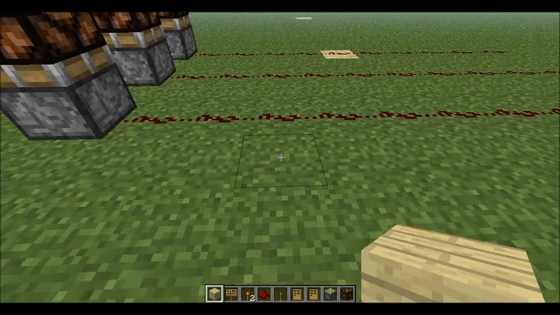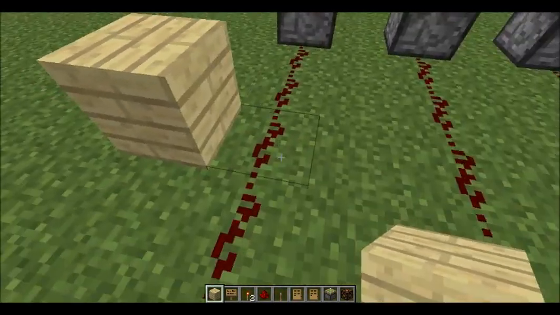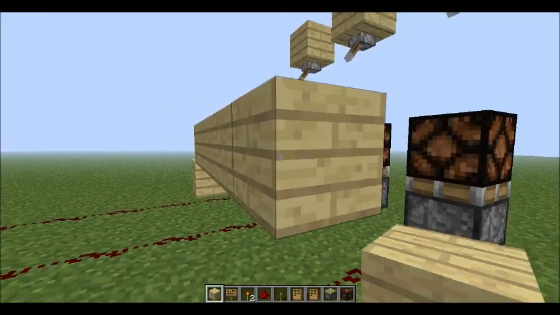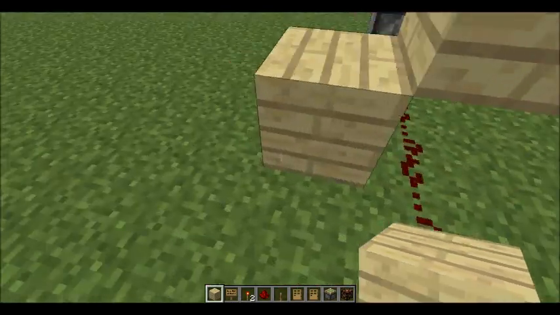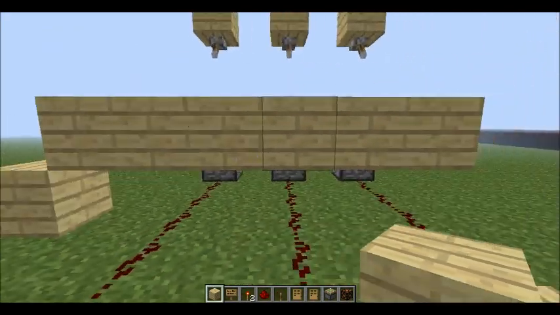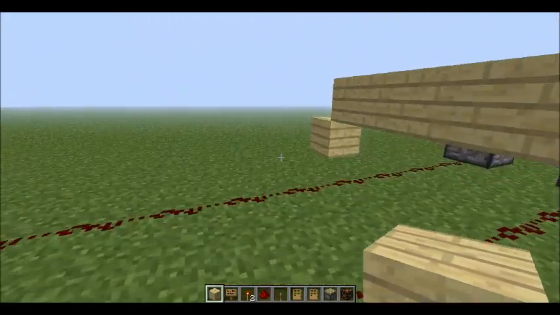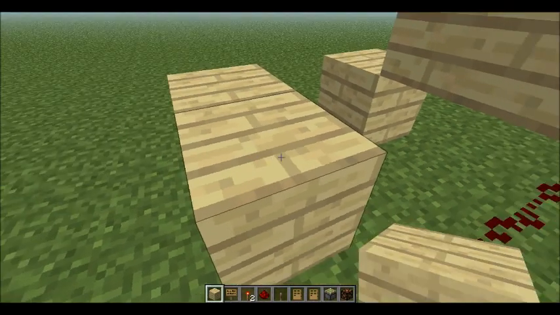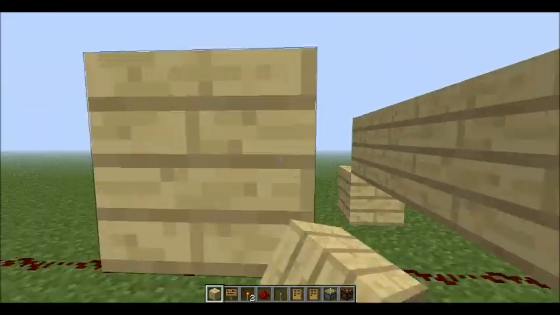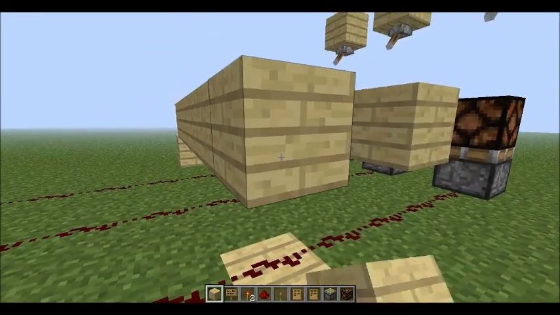So the way you want to make this is, this one actually goes one further. Yeah, that's correct. And then you can do these every 2, so we're going to make 7 of these, and then we can extend them if we need to.